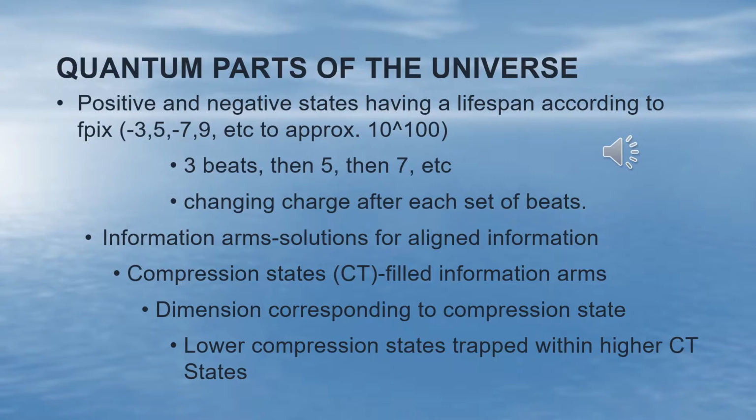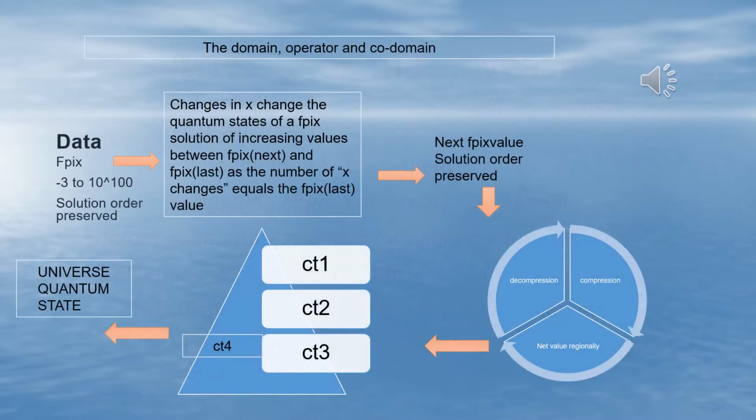CT3, CT4 transition. If the universe is an algorithm, it should be possible to explain the process in terms of a domain, an operator, and a codomain. The data can be seen as f pi x solutions starting at -3 and going up to some very large number on the scale of 10 to the 100th or even higher.